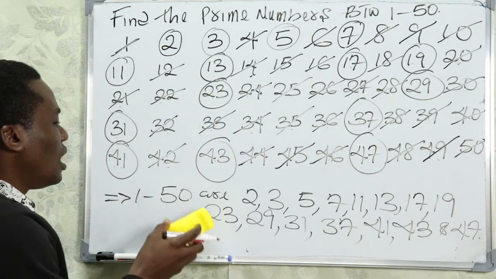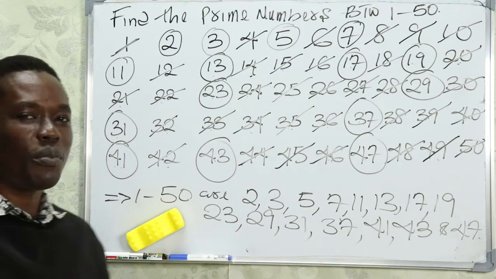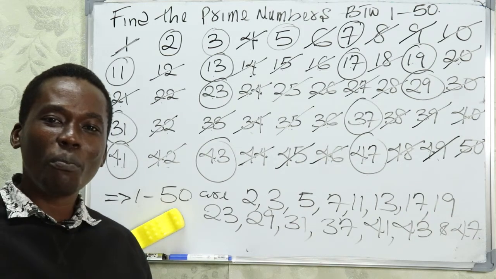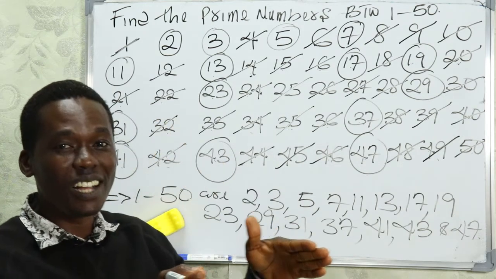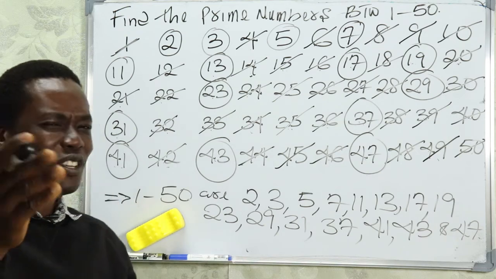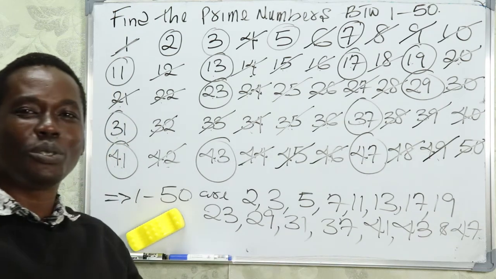So you see that with this method we have been able to find prime numbers that are between 1 and 50. I know you're a smart student, you can do this.